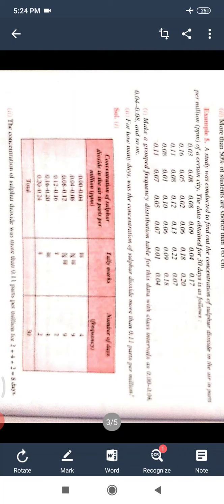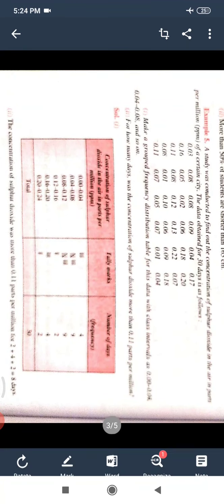And the highest number is, I think, 0.22. So keep in mind the lowest number and highest number must be included in the given classes, and when you make the classes, consider these two numbers also.